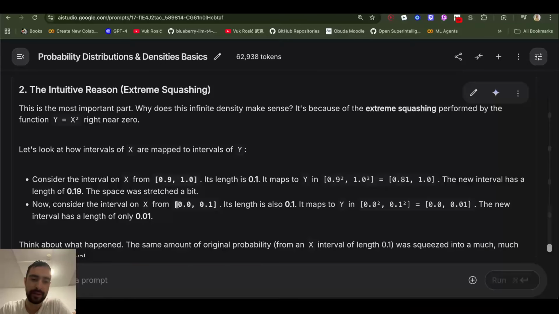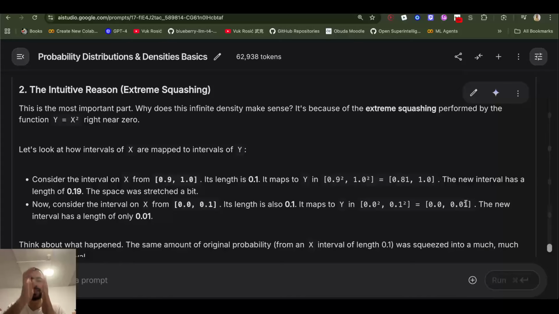If we have from 0 to 0.1, when we square this it will get mapped to 0 to 0.01. So I had this 0 to 0.1 on x. On y, we're going to squish that so much, but the area will remain the same, so the height will go up.